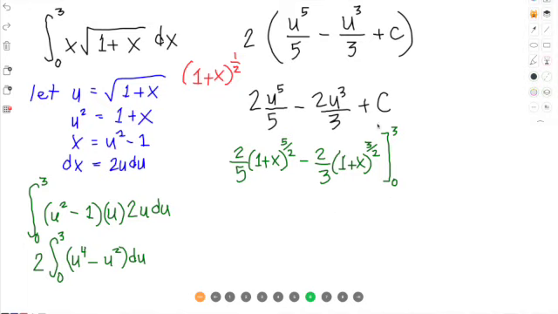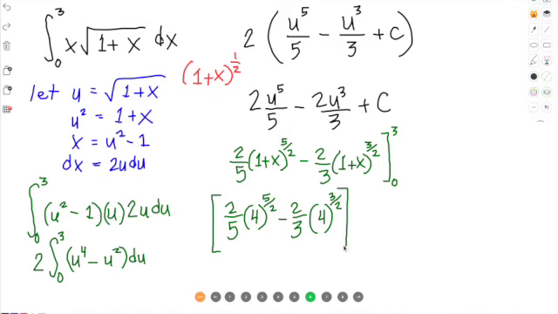So first, for 3, let me use a bracket here. 2/5 of 1 plus 3, that would be 4 to the 5th power, and take the square root of that. Of course, minus 2/3, still 4 to the 3rd power, and the square root of that.